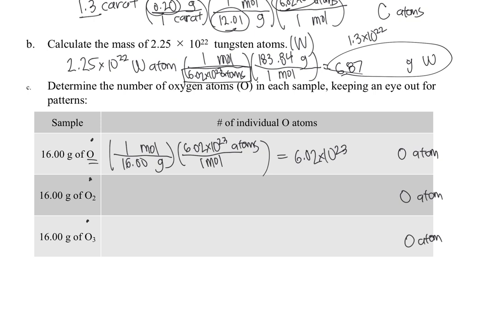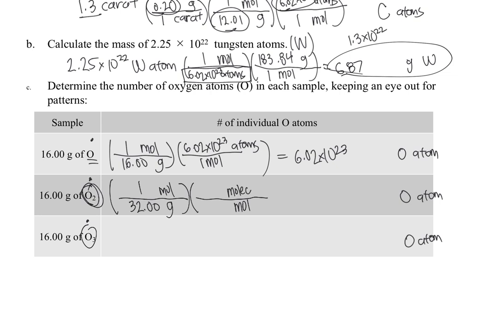Okay, now we have molecules in this case and this case. So we're going to have an extra step. Still going to be able to go from grams to moles using molar mass. Now I have 2 oxygens in this molecule, so the molar mass is going to double. I have 32.00 grams per mole. So now when I go from moles, I need to go to molecules because this is a molecule.